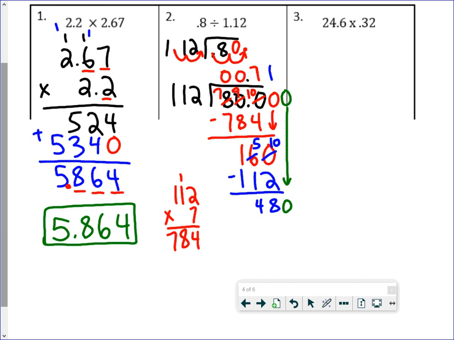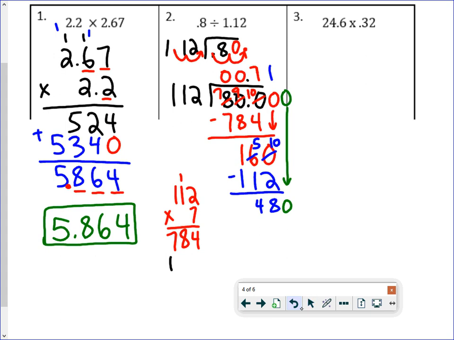So 112. Let's try 4. So 112 times 4. Let's do it down here where I have some space. 112 times 4. So 48. I'm sorry, 8. I don't know why I did 48. Remove that 4.